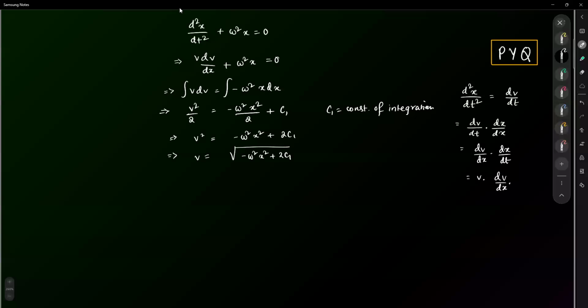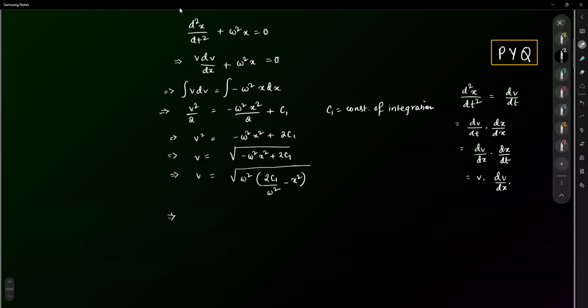Now, this 2c1 can be manipulated in such a way that I can write this as omega square into 2c1 by omega square minus x square. Yes or no? I can write this.